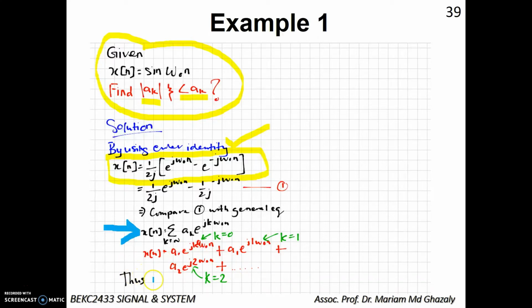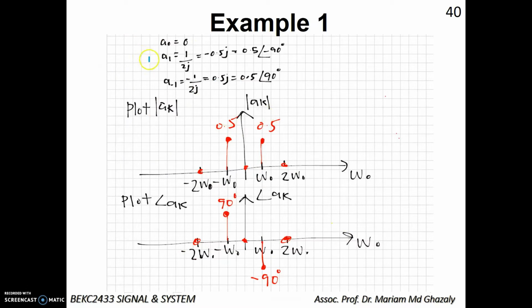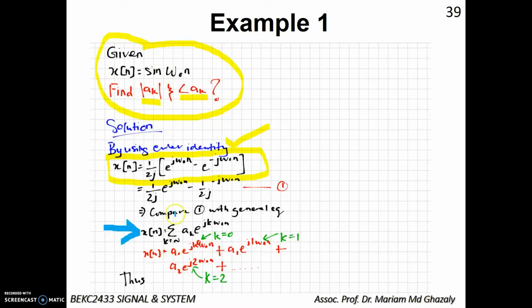So if you compare this first equation with this general signal, you will find out that you only have the coefficient at what k value. You only have the equation at k equal to 1 and also k equal to minus 1, right?